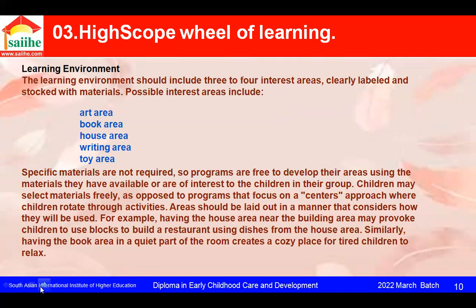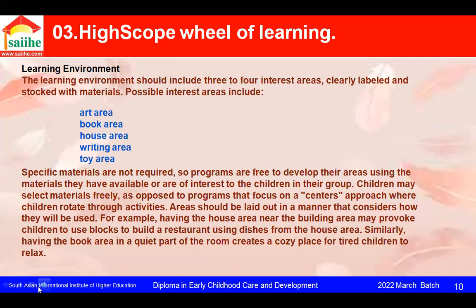Learning environment. The learning environment should include three to four interest areas, clearly labeled and stocked with materials. Possible interest areas include art area, book area, house area, writing area, toy area.